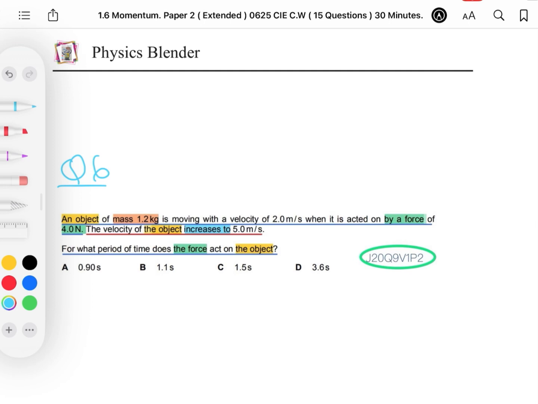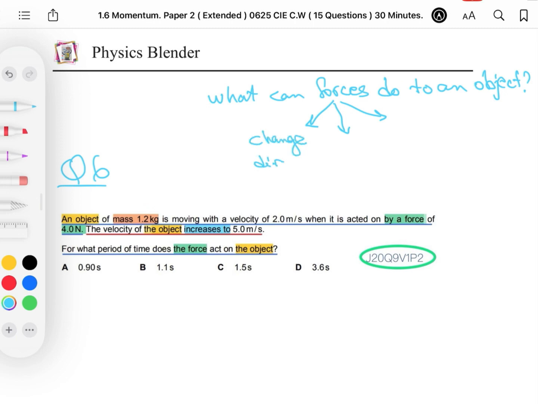Can you tell me, guys, what can forces do to an object? Okay, forces can change direction, they can change shape.